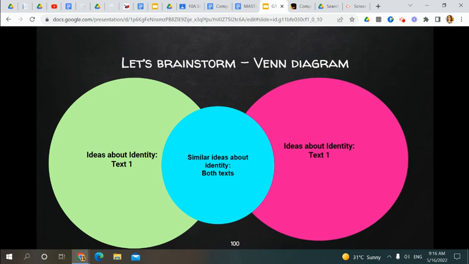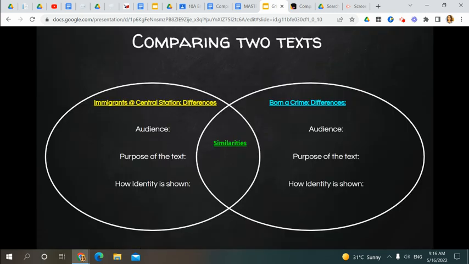Okay? So, why do we use the Venn diagram? The reason it's so important that you've completed that table is because I want you to take those ideas and put them into your PEEL paragraphs. The reason I've broken your Venn diagram table into audience, purpose of the text, and how identity is shown is because that's going to form the basis of your essay paragraphs.